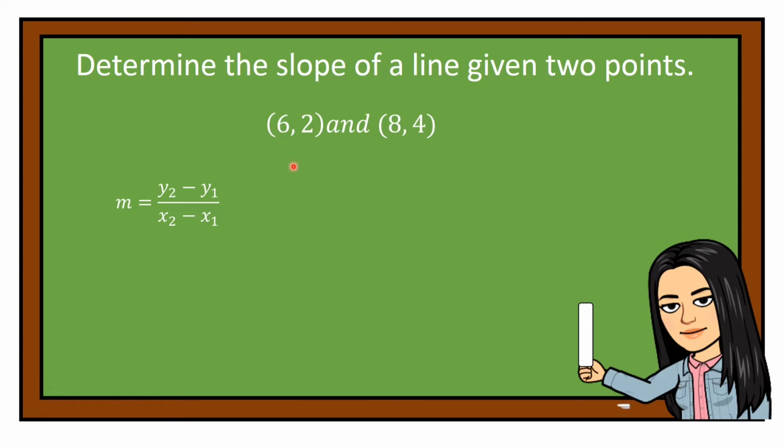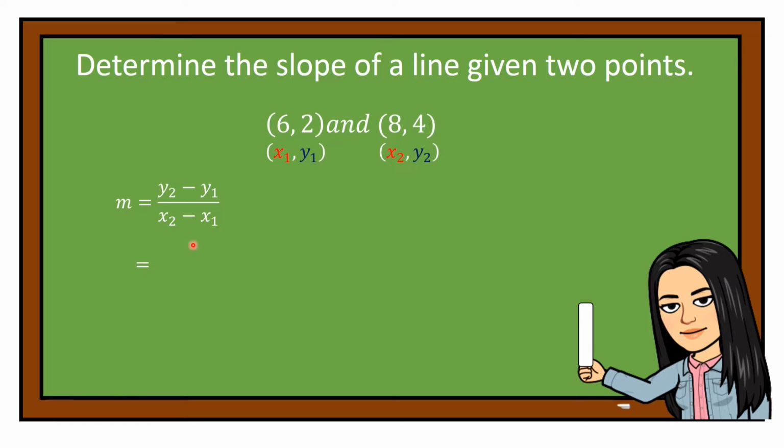So, ang ating first ordered pair na 6, 2 will be x sub 1 and y sub 1. And then, 8 and 4 will be our x sub 2 and y sub 2. Since may label na ang ating given, pwede na natin siyang i-substitute sa ating formula.